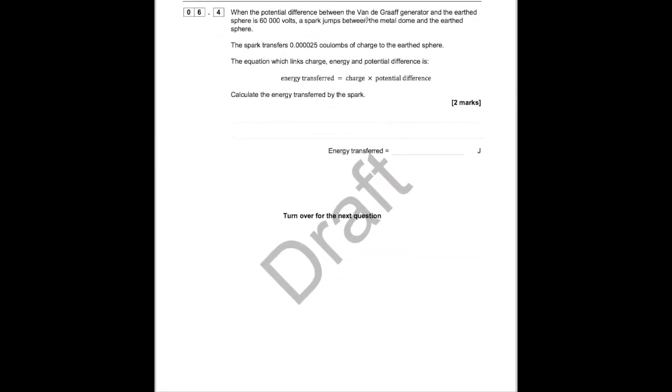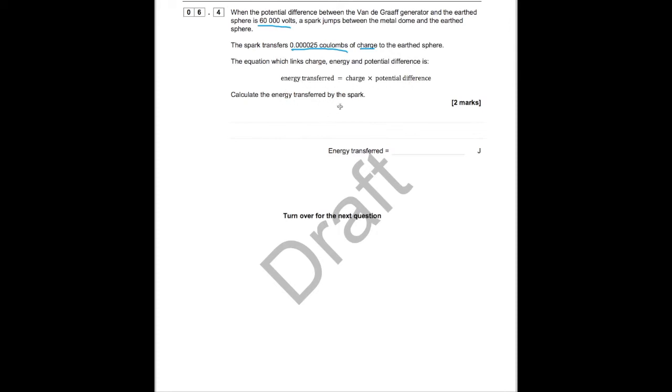When the potential difference between the Van de Graaff generator and the Earth's sphere is 60,000 volts, a spark jumps between the metal dome and the Earth's sphere. The spark transfers that many coulombs of charge to the Earth's sphere. The equation which links charge, energy and potential difference, so that's just voltage, is that.